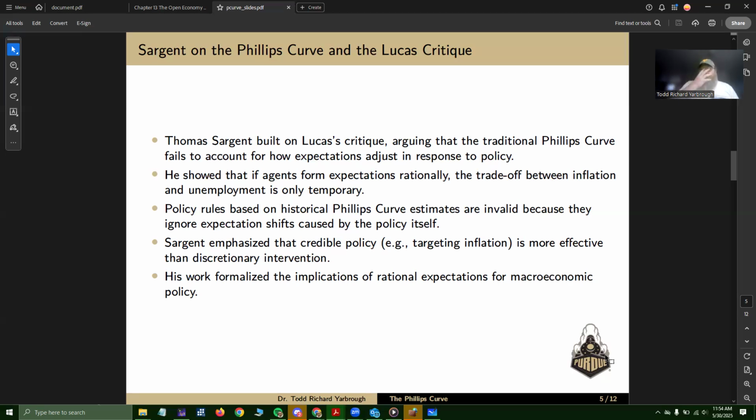This is one of the reasons why I posted that article at the beginning of the term with Purdue's Bullard, the dean of the business school, who's a prominent monetary economist, arguing that we had achieved the so-called soft landing. Soft landing is you get inflation back down to where you want it, 2%, 2.5% target, and you don't have to put the economy into a recession to do that.